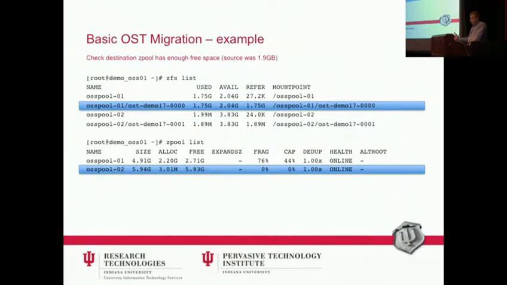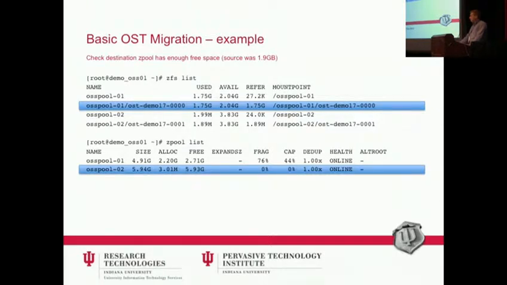One thing, the initial step that you need to ensure, is that your destination Z pool has capacity to receive whatever your source OST is. So in this example, on top, the highlighted OST is roughly 1.75 gig in use, and the pool that we're going to be migrating to is on the bottom there, highlighted OSS pool 02, and it has just under 6 gig free.